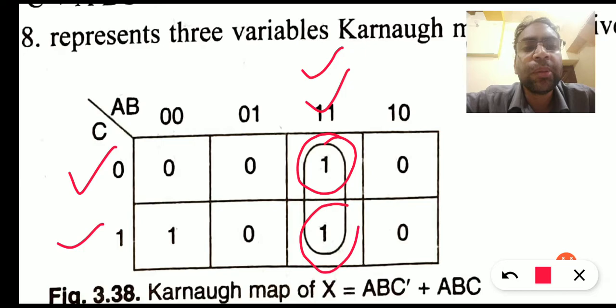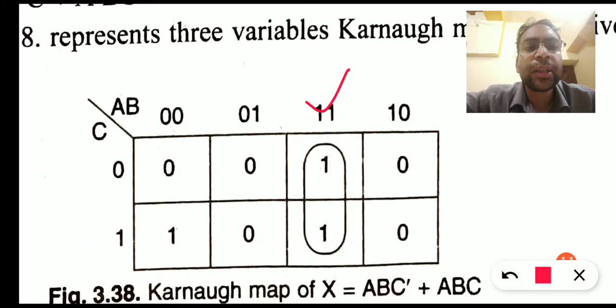So these are the two values that have been taken into this. And simply we can form the looping. The simple looping is created by this combination.